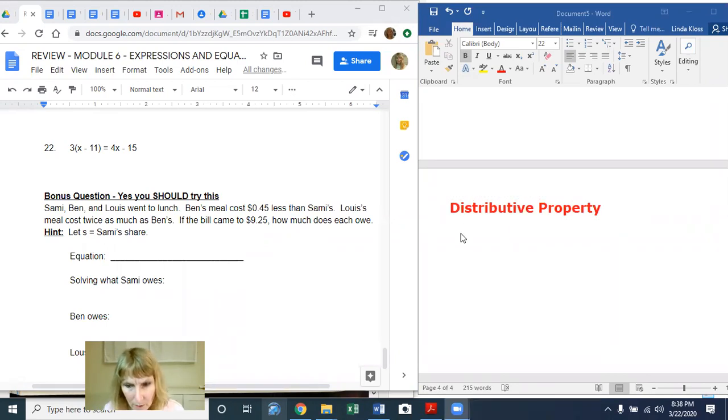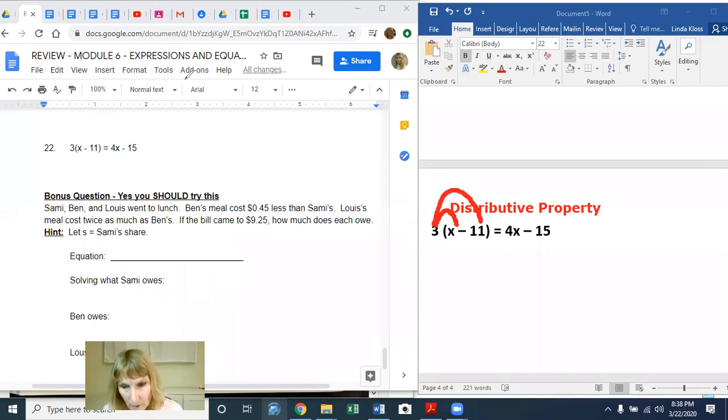So let's type out 3 times x minus 11 equals 4x minus 15. So distributing the 3 times the x and the 3 times the negative 11.